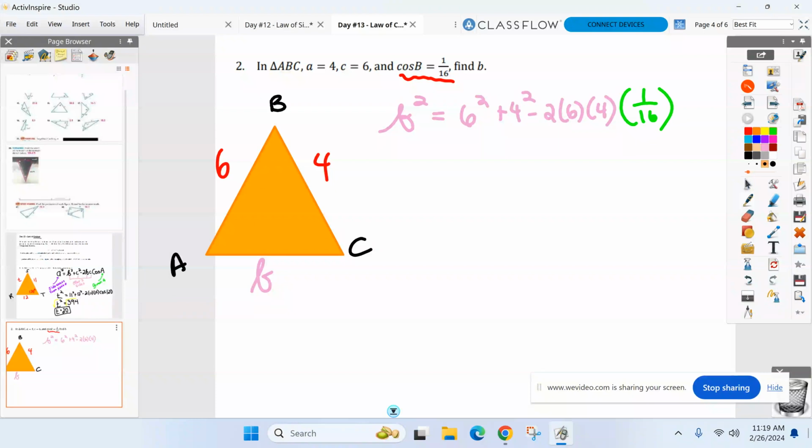That is the value of cosine of B. Notice the difference between this one and number one. The only time I'm going to put cosine with it is if it's an angle measure in degrees. If I actually know what the angle is in degrees, I'll put cosine with it. If not, like I did here, I know the value, just plug in the value, 1/16. And then yes, just like we did on problem 1, there is no variable on the right side, so I can just calculate that all on my calculator.